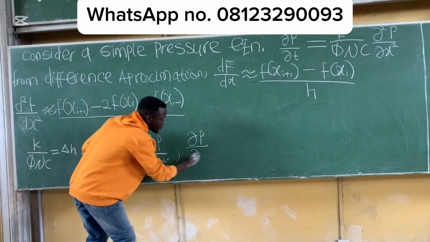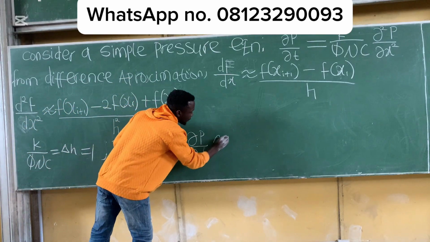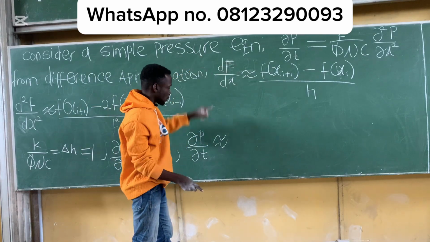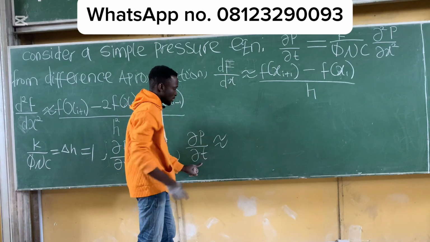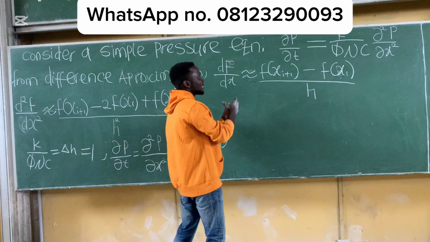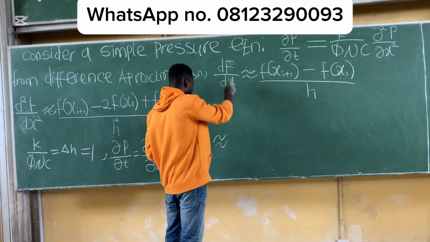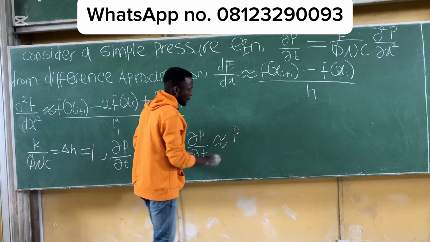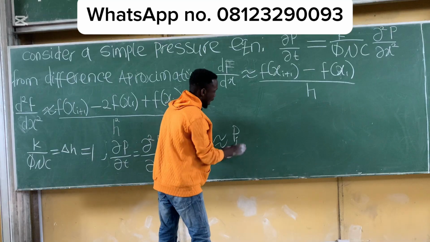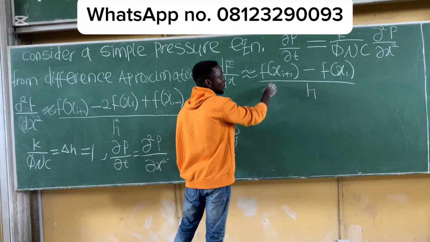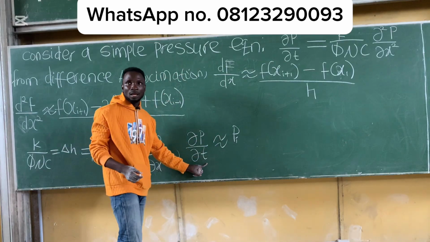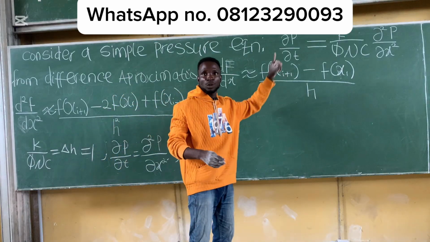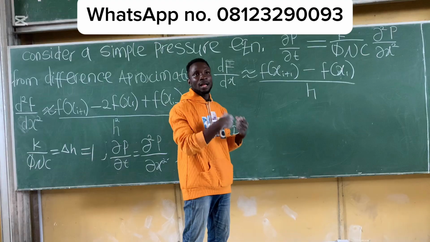So instead of x, I'm going to have T. Remember, we are trying to relate the first order finite difference equation with this. It will be approximately equal to, if you want to write it in terms of pressure, F becomes P, so this F becomes Pi, then this is i plus 1. But since we are in terms of time, we are going to replace this i plus 1 with n, which is our time level.